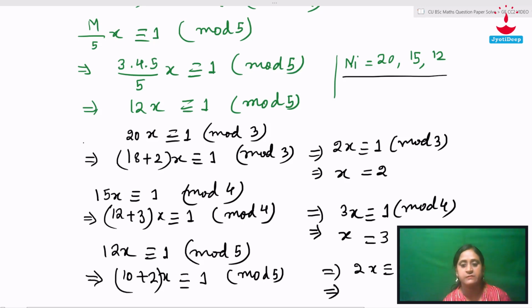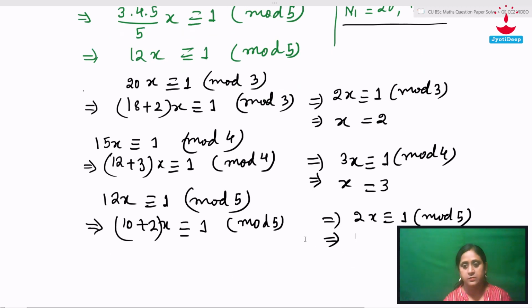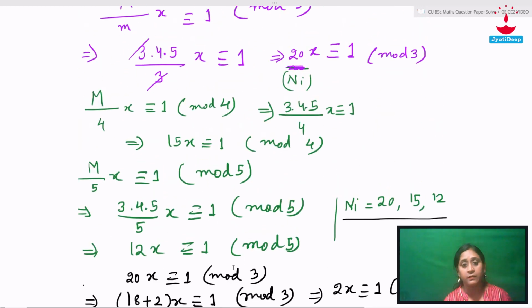This implies x is equal to what? If we put x equal to 3, 3 2s are 6, and when 6 is divided by 5, it will give a remainder 1. So we got bi over here. Bi is 2, 3, 3 successively. Okay, so we got all these.